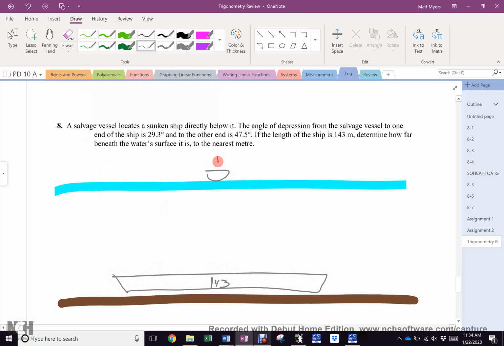The boat up top has angles of depression of 29.3 and 47.5. If that's 29.3, this is 29.3. That's 47.5, this is 47.5.